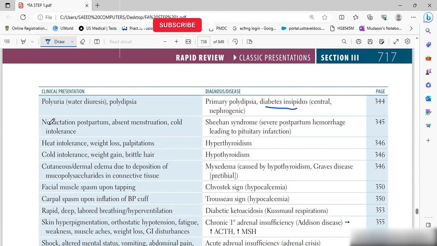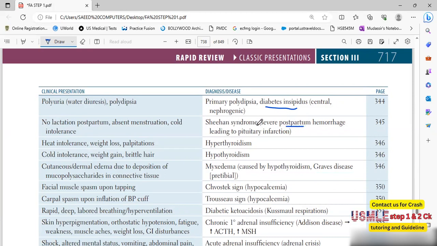Then, no lactation postpartum, absent menstruation, cold intolerance: that is Sheehan syndrome. Remember, it is common in females. Han is hemorrhage.